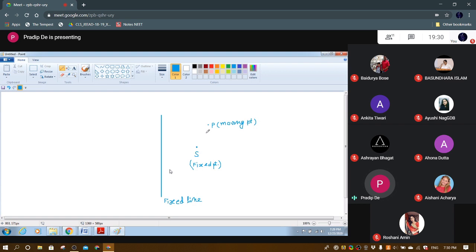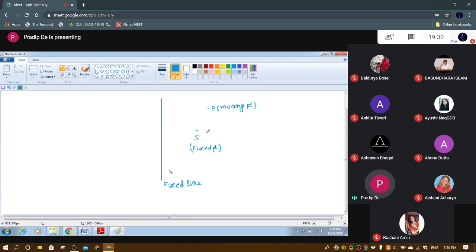The point is moving in the plane, satisfying certain conditions. Now, what is that condition? Wherever P goes, the distance between the fixed point and the moving point, that is PS, and the perpendicular distance of the point P from the fixed line.